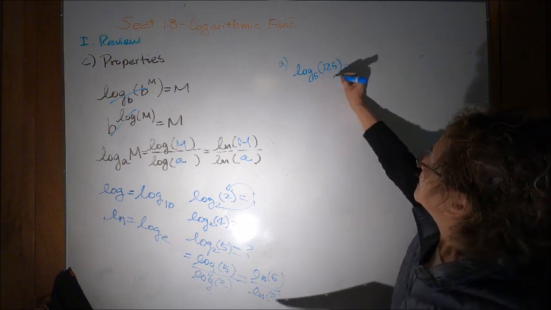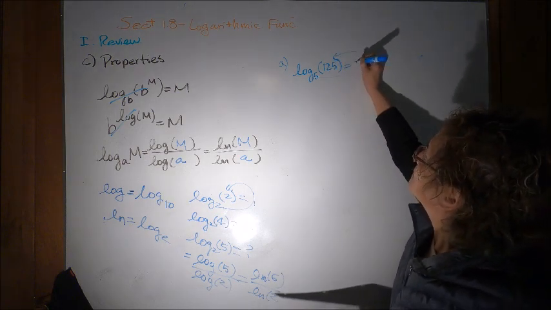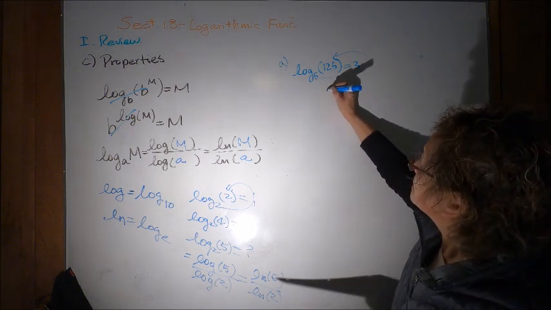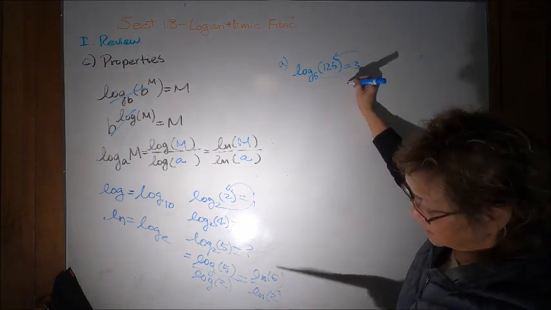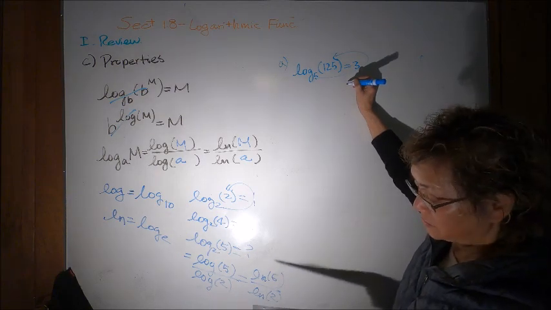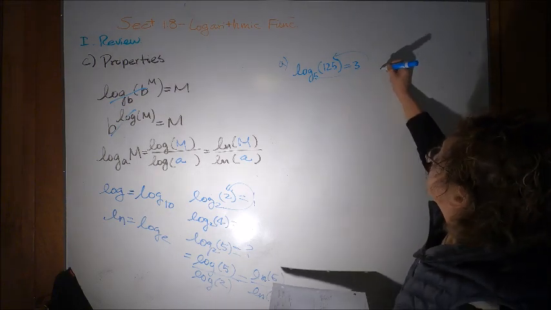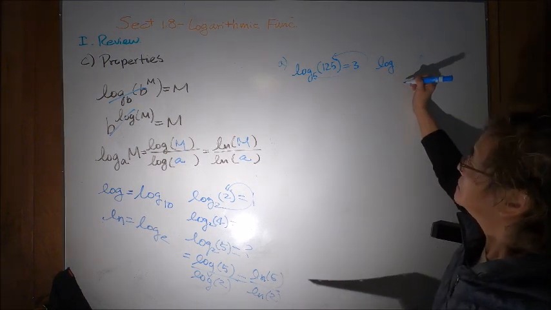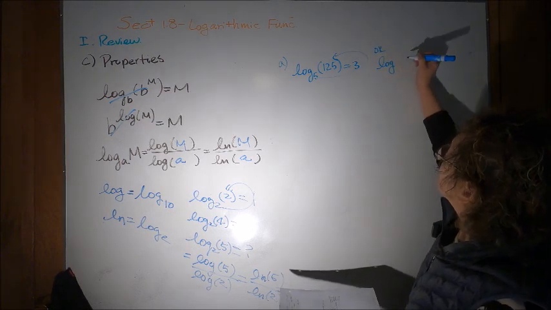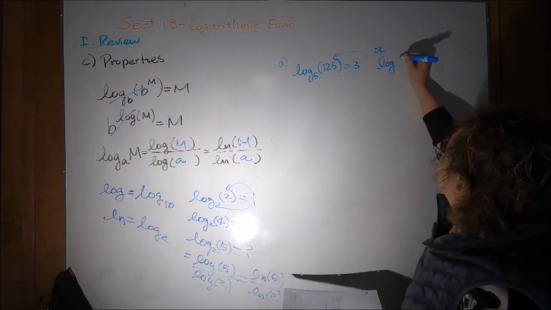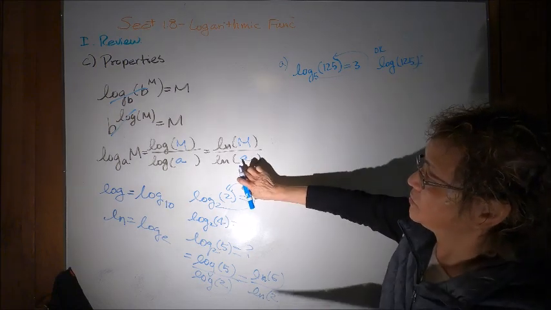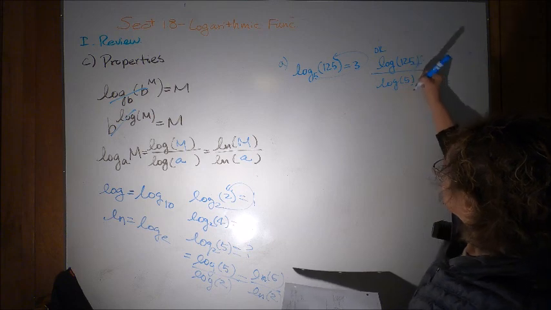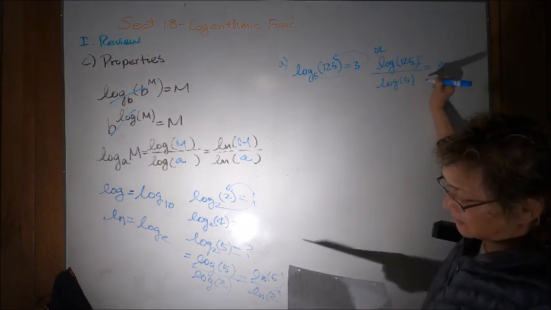What do you think? 5 to the what power is 125? Third power, right? Times 3 times. Or you can punch into the calculator by using this change of base formula, log 125 over log 5. Then try that and you will find out it's 3.